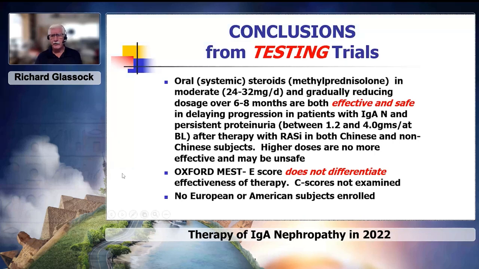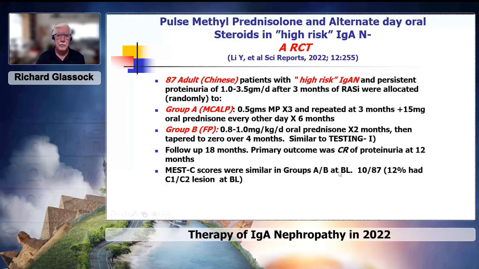So one might raise the question as to whether these trials can be universally applied to all of the global population. There has been a small randomized control trial of intravenous methylprednisolone and alternate day steroids, comparing this with standard high dose daily oral methylprednisolone, a treatment similar to that used in the high dose testing trial.